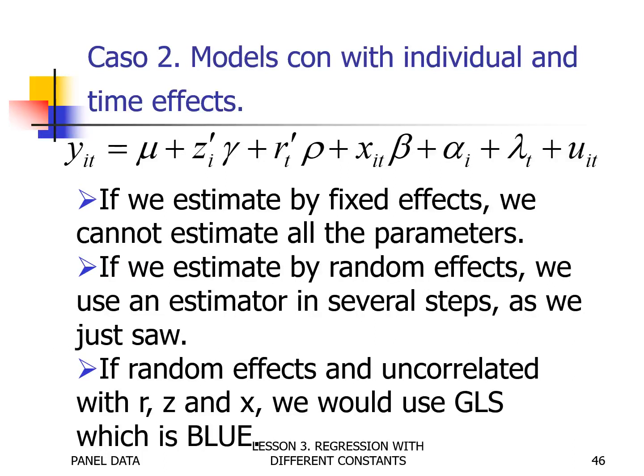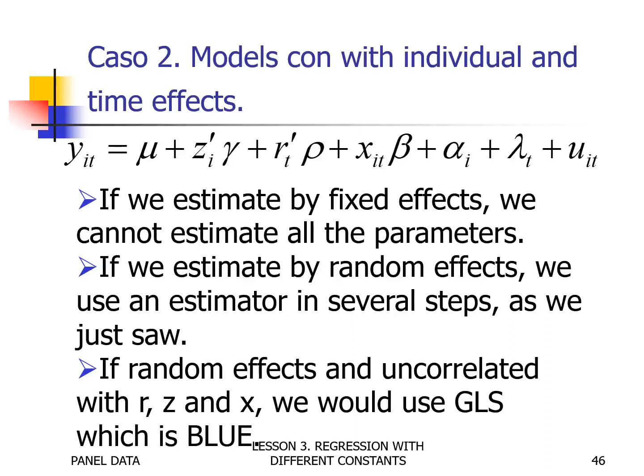Let's look now at yet another variation of the model. If you look at the model up there, y_it equals mu plus z prime_i gamma and the rest of the formula, you will see that it is essentially the same as the previous one, except that now you have some more time components.